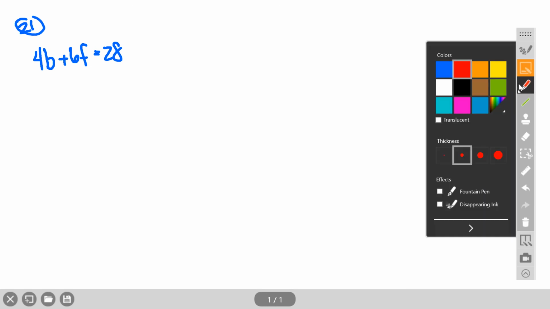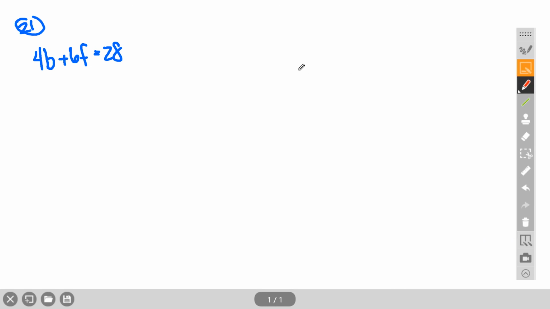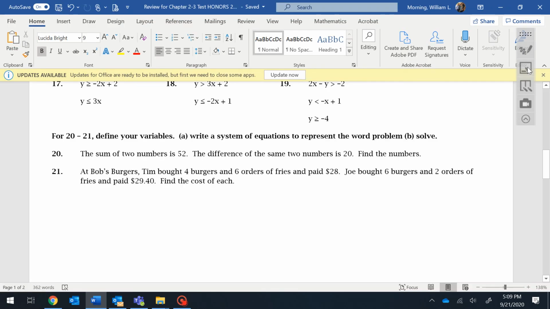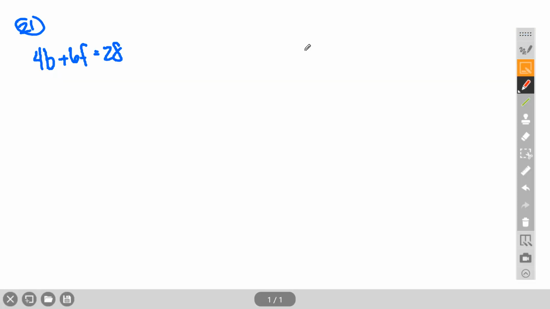Okay, great. Second equation. Joe, 6 burgers and 2 fries, $29.40. So 6 burgers plus 2 fries equals $29.40.